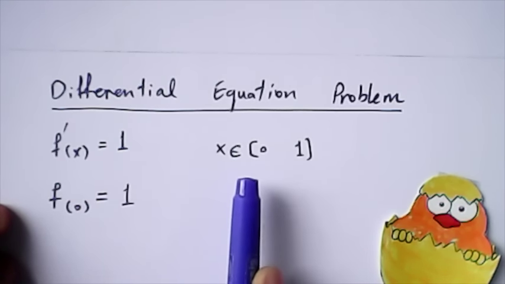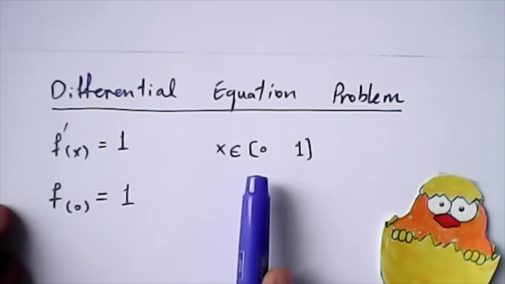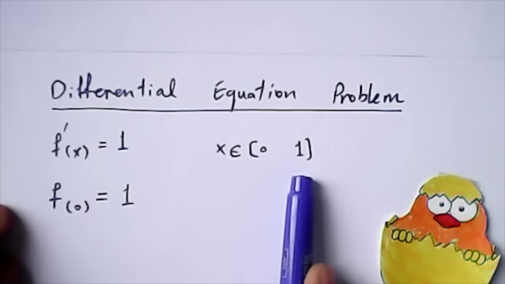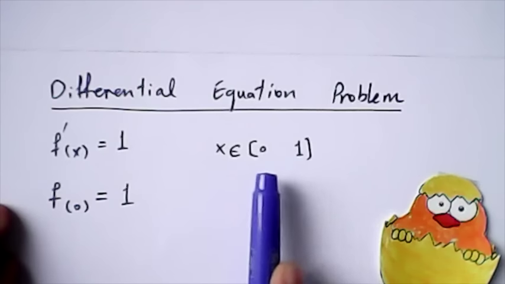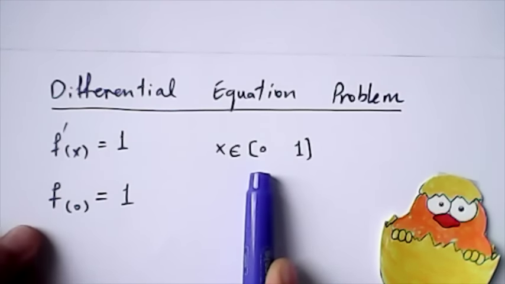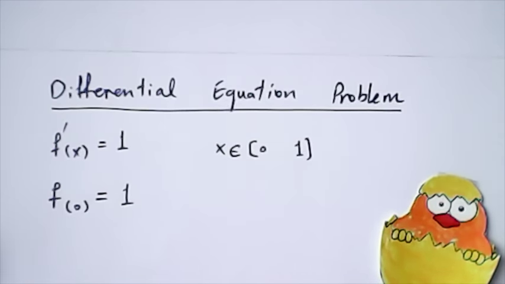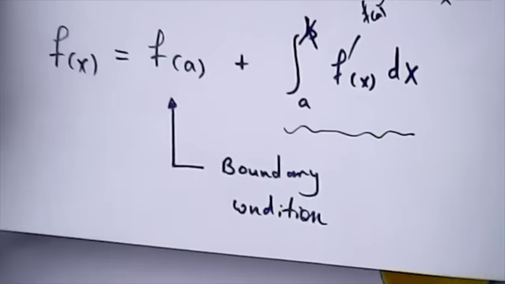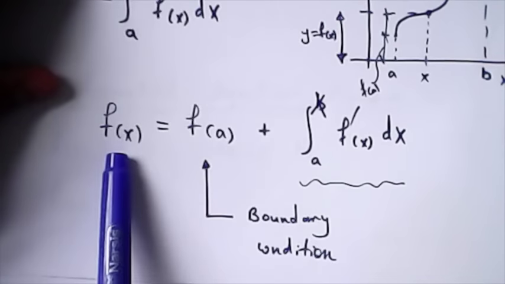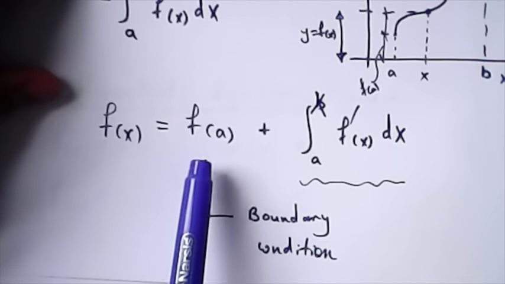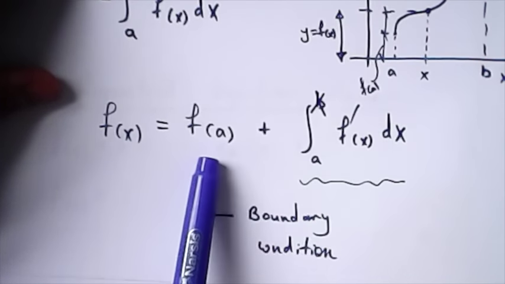Alright, what is more, we know that our mountain is somewhere between 0 and 1, that is given too. So all the x's are between 0 and 1. And we knew something else too. If we wanted to find the function f of x, which defined the height, from this equation, we needed to know something about the boundary.